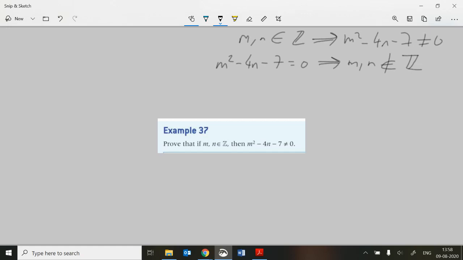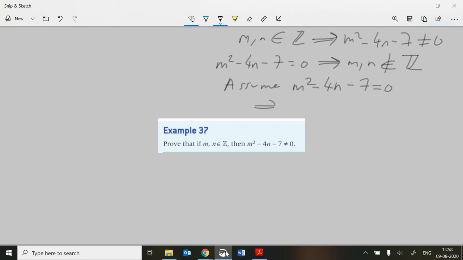So we've got this statement, we've got m's and n's there, so it's not like your regular quadratic solve. But let's just start off with the obvious line in the proof. Let's assume that m squared minus 4n minus 7 is equal to 0. And then I think we've got to play around with this a little bit.